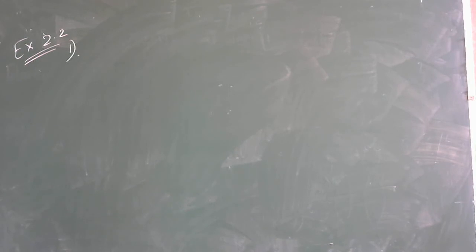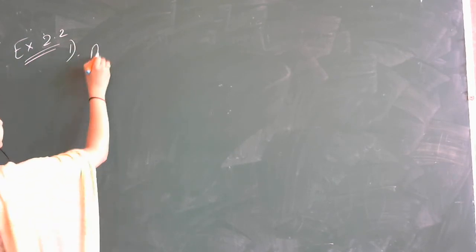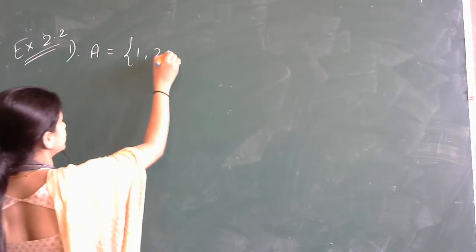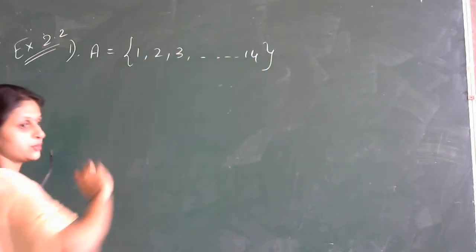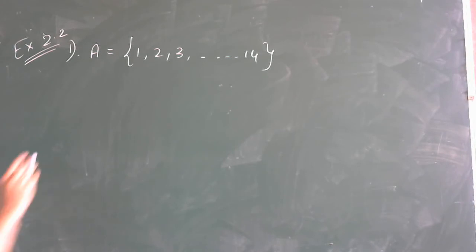So they have given us the set A, which consists of the natural numbers from 1 to 14.